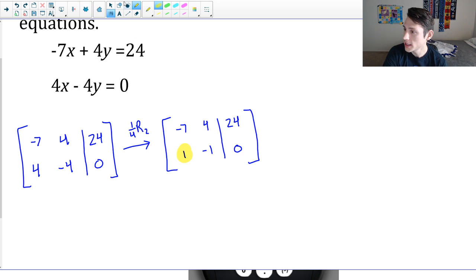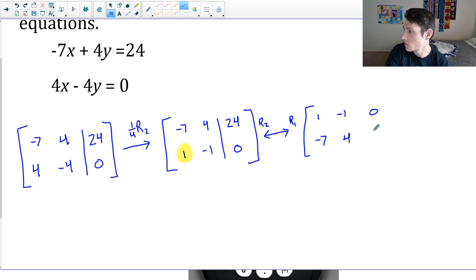Now I have a 1 right here, but I want it to be up in that first spot. So great, let's just swap. Swap row 2 and row 1. So 1, negative 1, 0, negative 7, 4, 24.